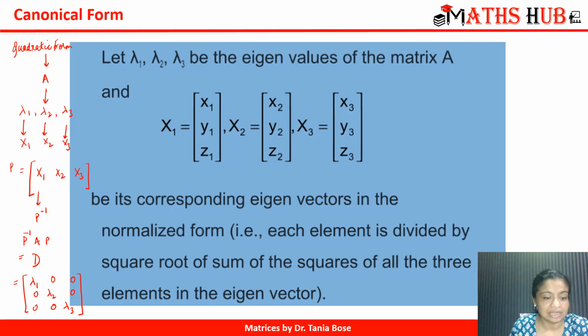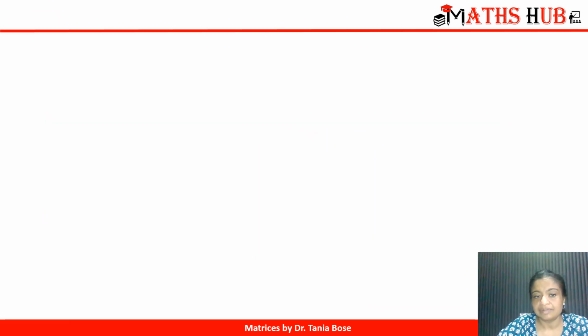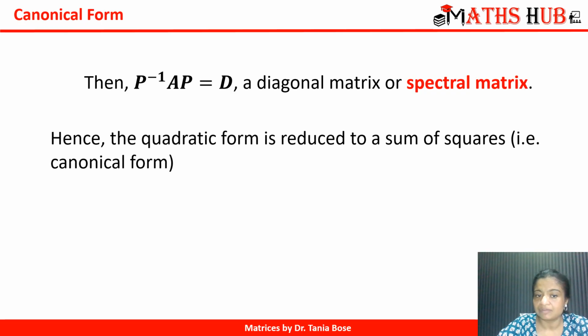That means in the canonical form, we only need the diagonal positions, and all the rest of the positions should be converted to 0. After getting the modal matrix P, we write P inverse AP and get the diagonal matrix, which is also known as the spectral matrix. So a quadratic form can be reduced to a canonical form using the concept of diagonalization.